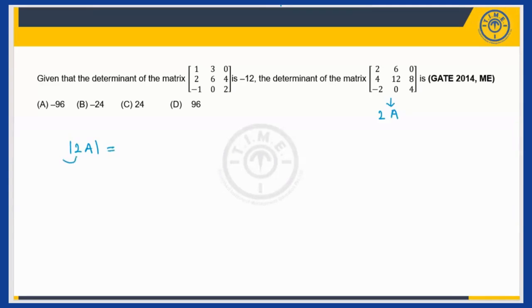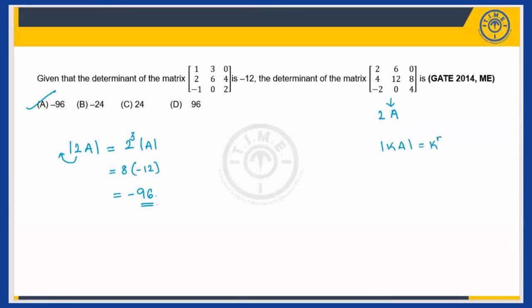Now I told you when you are taking 2 out of the determinant, then this 2 will take the power as the order. So 2 cube into det A, that is 8 times negative 12, which is negative 96, option A.